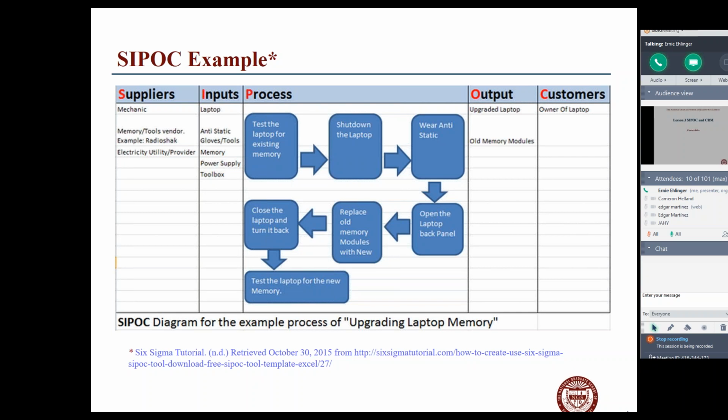In your briefing, the reason that we do the SIPOC is, one, that it helps to provide scope. What's involved with this project, who's involved with it, it allows you to describe all of these.